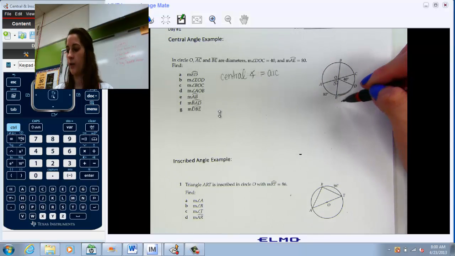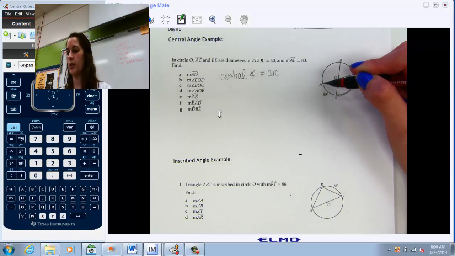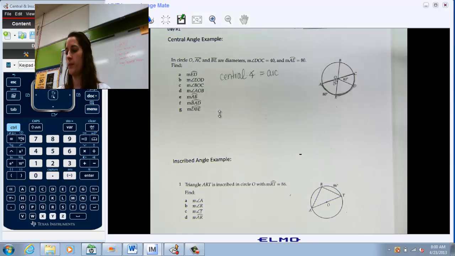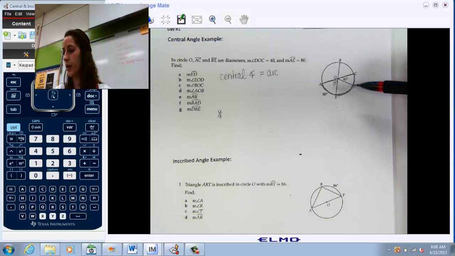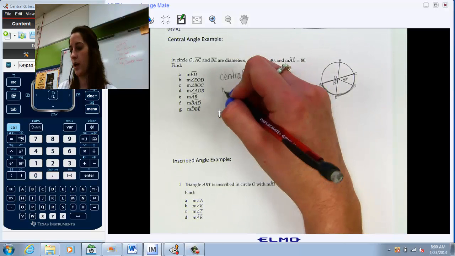Now, if the number of degrees in a circle is 360 degrees, we know that the measure of a semicircle is 180 degrees. Well, we know that we have 80 degrees and 40 degrees here, so we need to add up to 180 degrees.